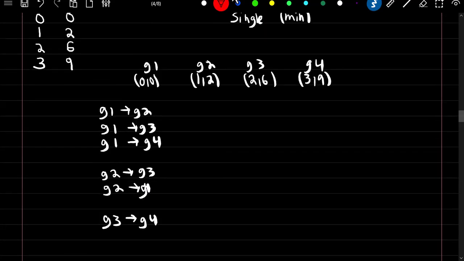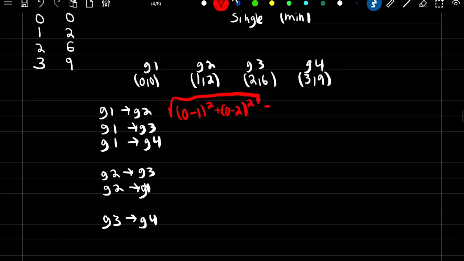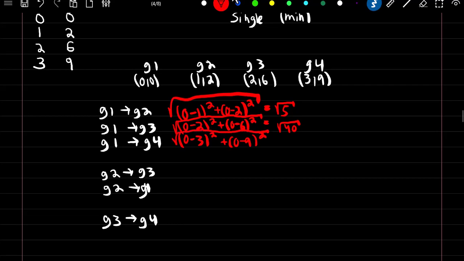So from group 1 to group 2, it would just be 0 minus 1 squared plus 0 minus 2 squared, and then we'll take the square root. And this will produce a value of the square root of 5. From group 1 to group 3, it would just be 0 minus 2 squared plus 0 minus 6 squared. Take the square root, and we'll get a value of the square root of 40. From group 1 to group 4 was 0 minus 3 squared plus 0 minus 9 squared, square root, and we'll get a value of square root of 90.